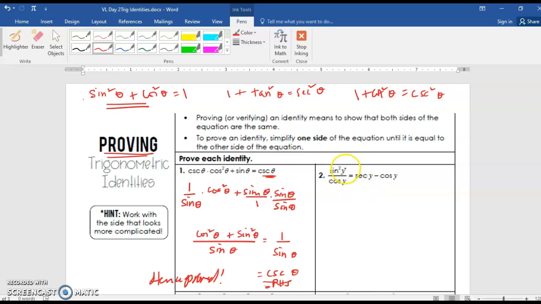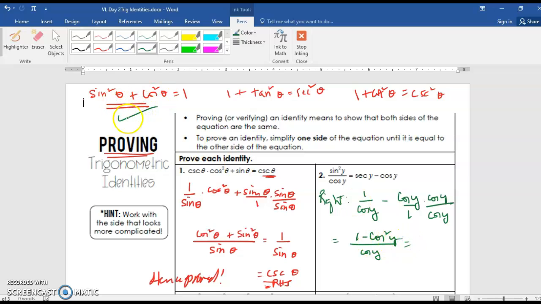Here, actually, if you look at it, the right side seems to be more complicated. So I would go with the right side first. So I'll start with the right. Secant is 1 over cos minus cos y, right? And this seems to be like a fraction. So I'm going to multiply and divide to get a common denominator. Which means that you have common denominator cos y, 1 minus cos squared y. And what is 1 minus cos squared y?